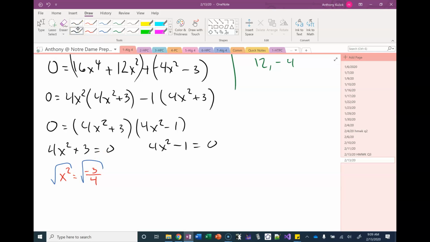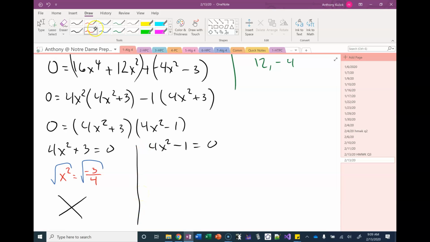Although what happens when I square root this one, I'm getting a plus or minus, but because I'm square rooting a negative, I'm going to get an i. So this part doesn't really tell me anything, right? Because I'm just looking for real solutions here, so I'm going to discard these imaginary ones. Is everybody okay with that idea?